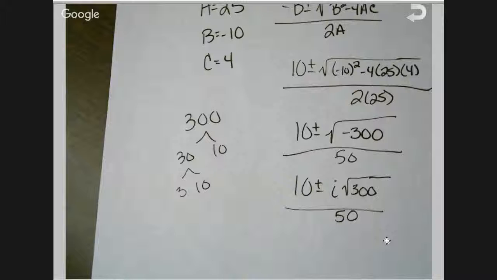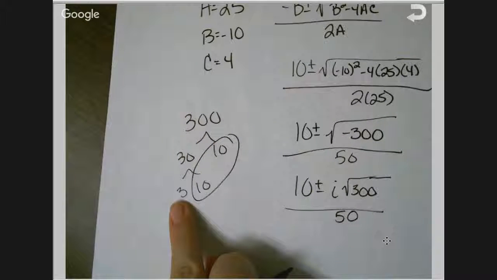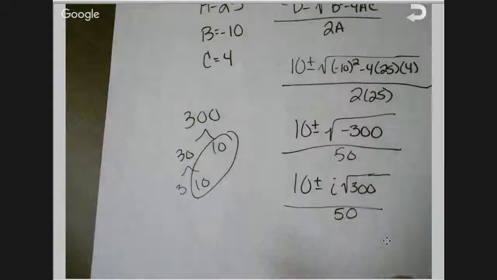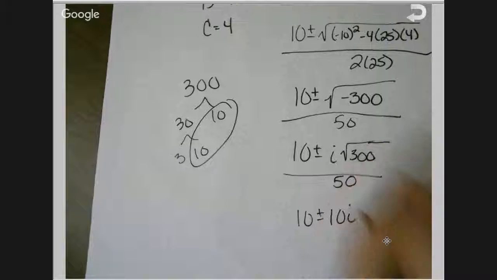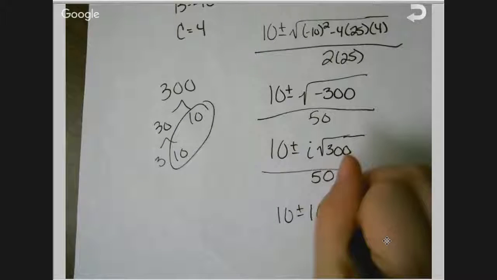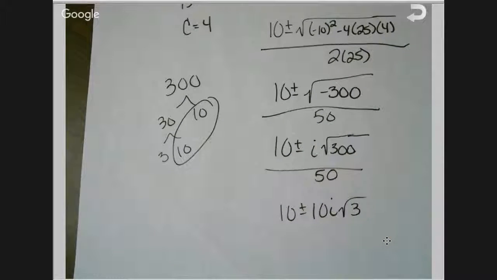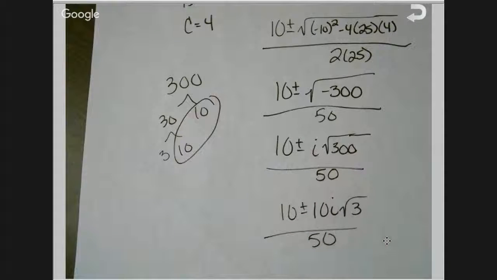I could technically keep going and go 5, 2, 5, 2, but I have a pair of 10s, and that 3 is not going to match up with anything, and that takes care of everything. So a 10 comes out with my i. Notice how I went 10 plus or minus 10i, and then I have the square root of 3 left over, and that's over 50.